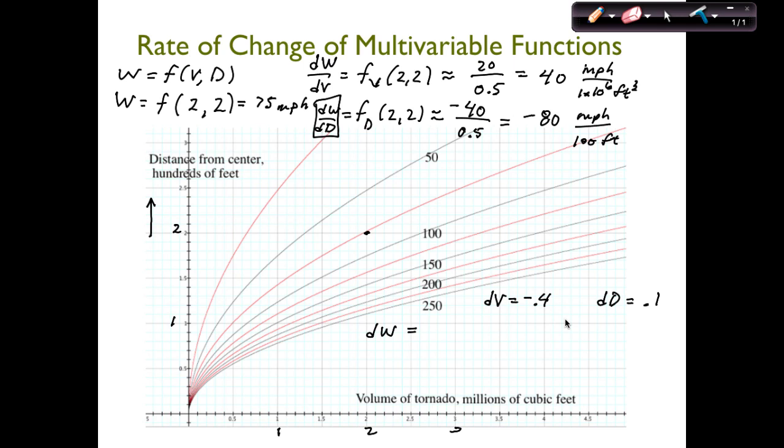So you have two different variables there. So somebody new, how do I do this? How do I get the change in wind speed for these two changes in my independent variables?